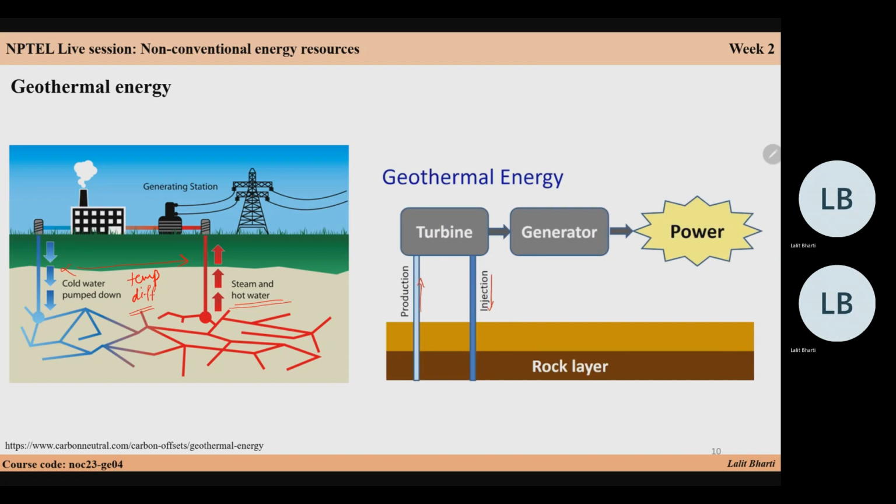So wherever high temperature water is available or steam is available, it will be used to produce steam, and in a similar fashion this steam will drive the turbine, and the turbines will drive the generators which will produce electrical energy or electricity.